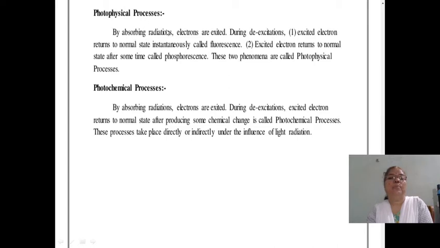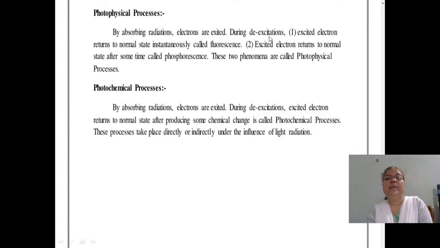Photophysical processes mean that due to absorption of radiation, the electrons are excited and jump from lower energy to higher energy.